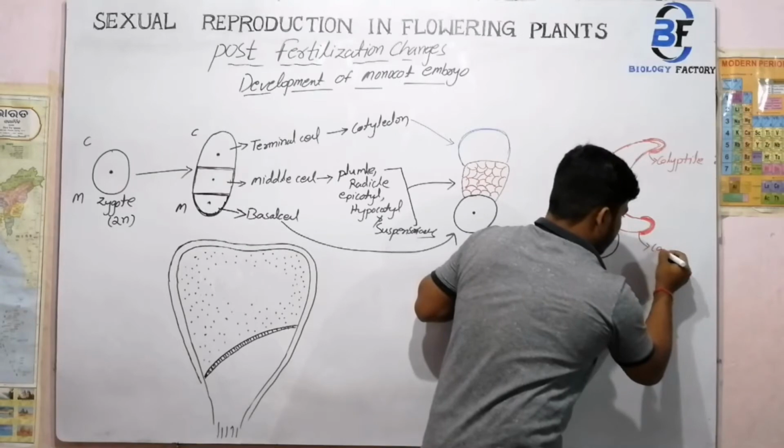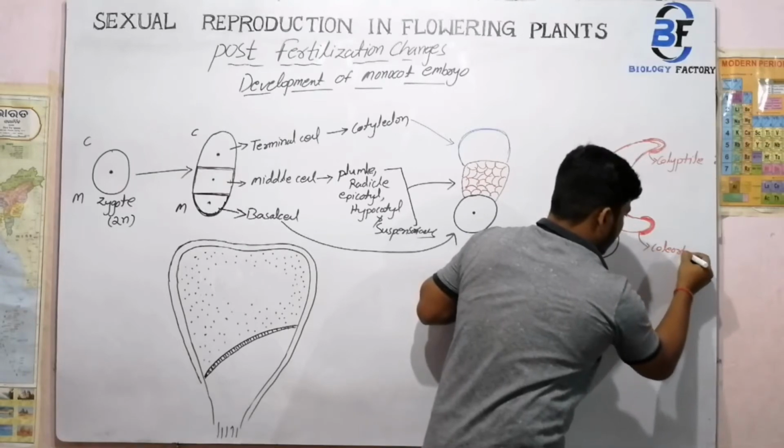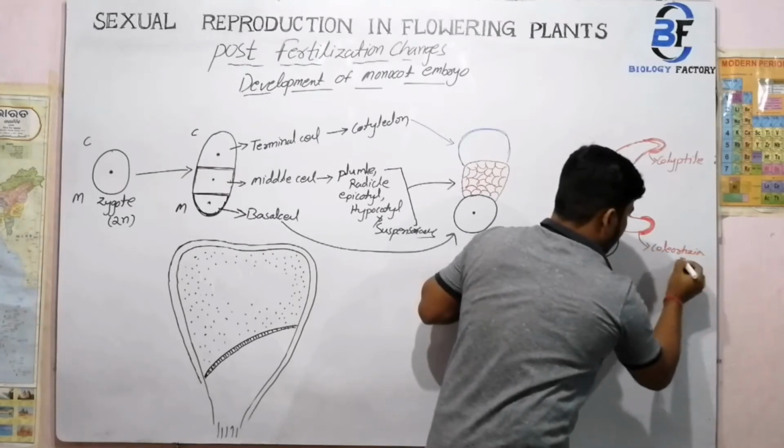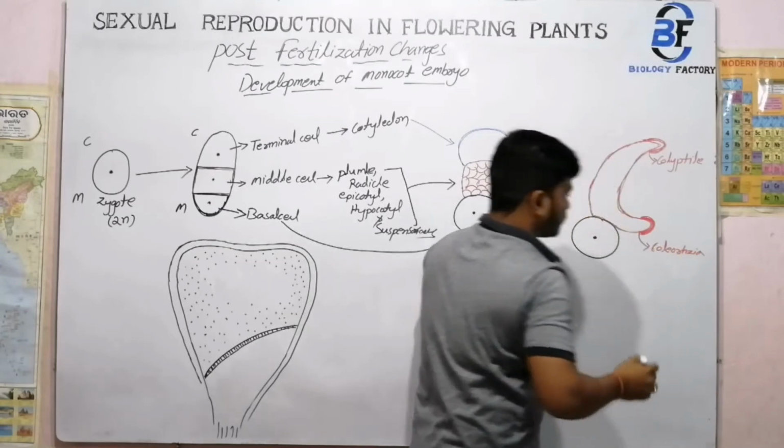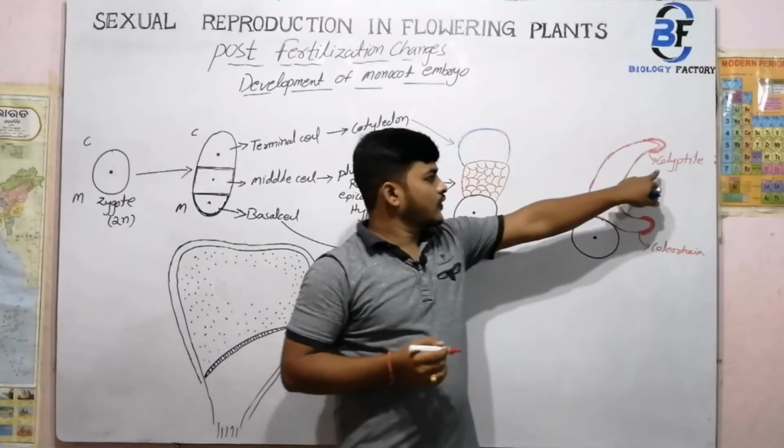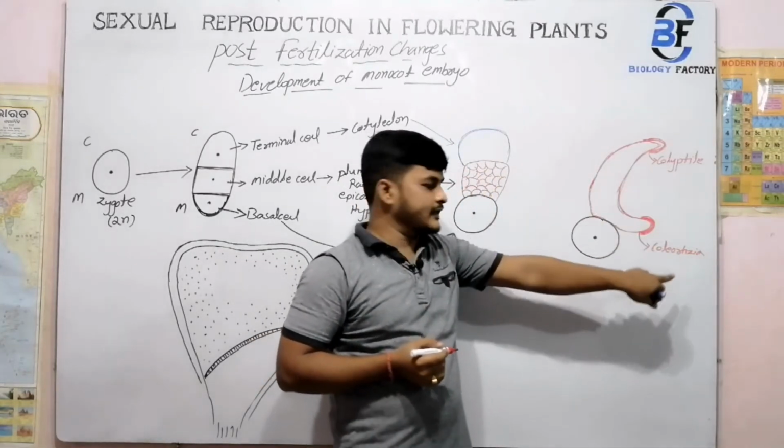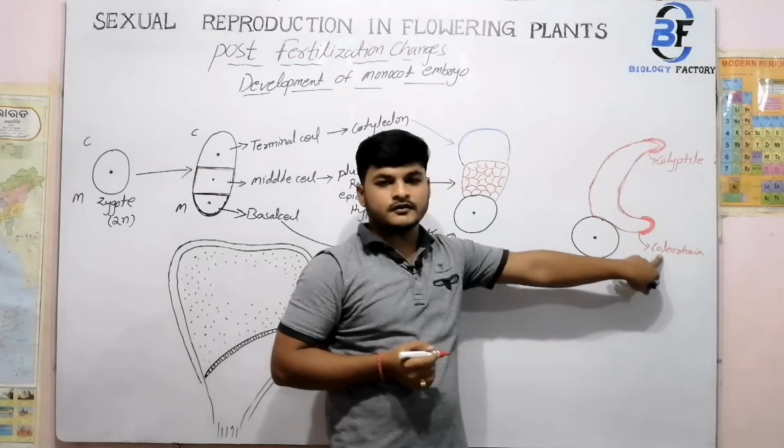This structure is your coleorhiza. So, firstly the coleoptile forms, next the coleorhiza is formed.